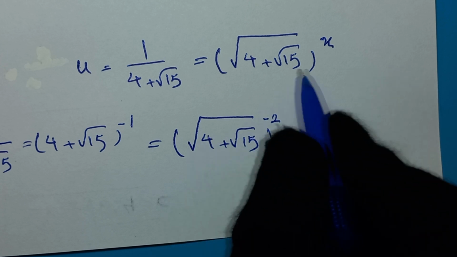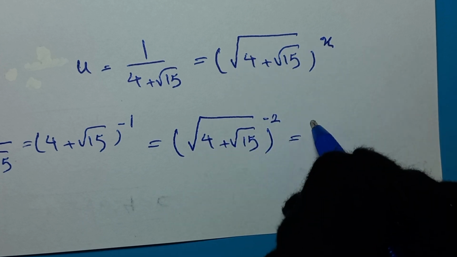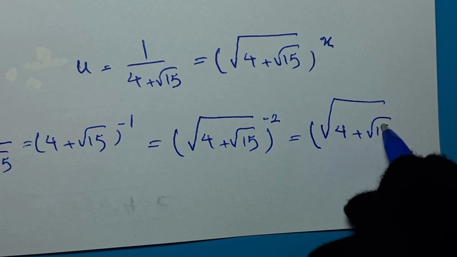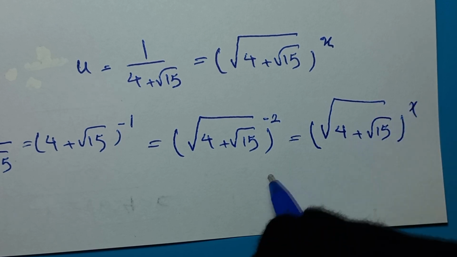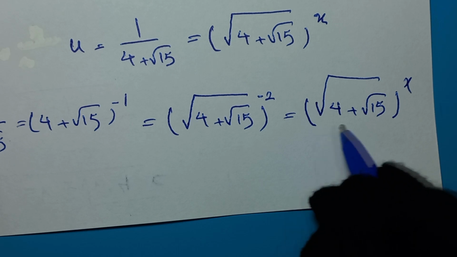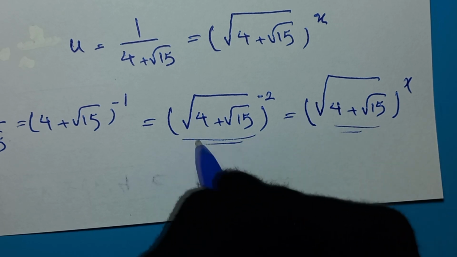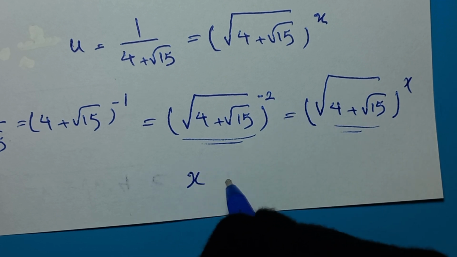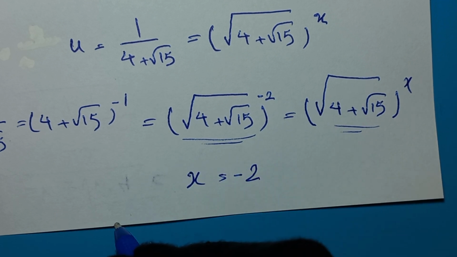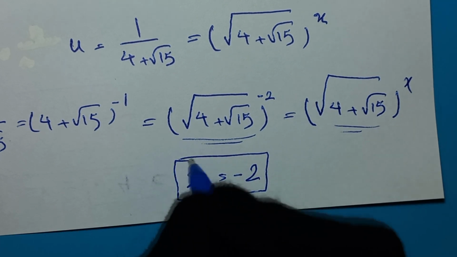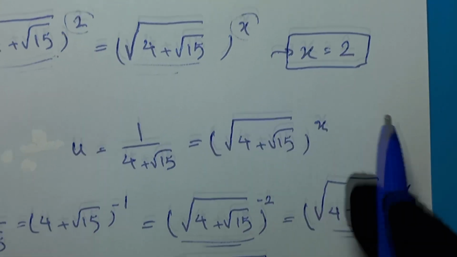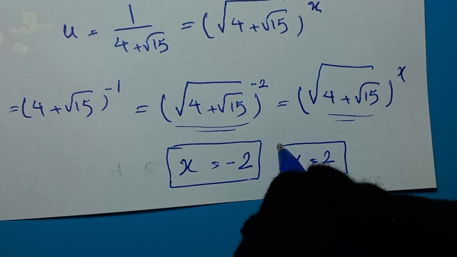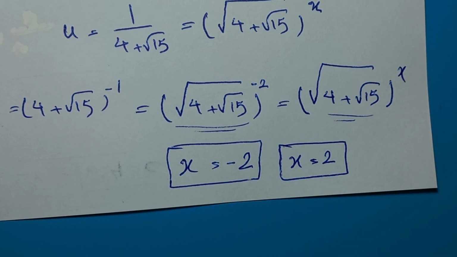And this is also equal to this. So we write square root of 4 plus square root of 15 to the power of x. And in here, by comparing both sides of this equation, these powers should be equal. So x is equal to negative 2. And x is negative 2, and from here, x is 2, so this is our final answer for x.